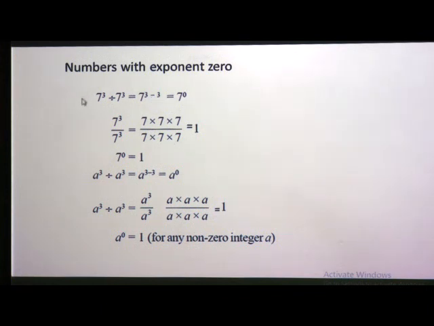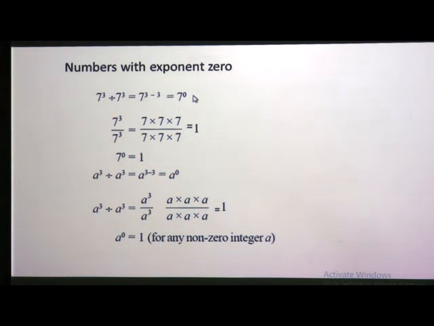I had not written here 7 to the power of 3 upon 7 to the power of 3. When it is a division, we just have to subtract the powers, or we can say exponents. Now you know this 3 minus 3 is always 0. Now 7 raised to the power of 0 will always be 1. We can't say it's 0.